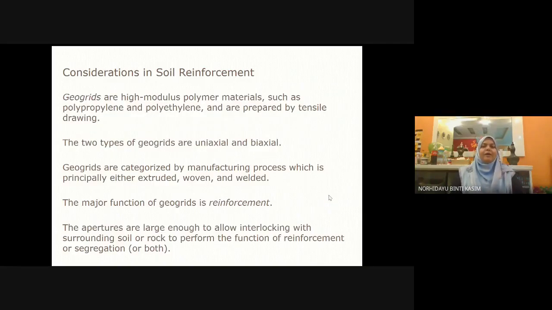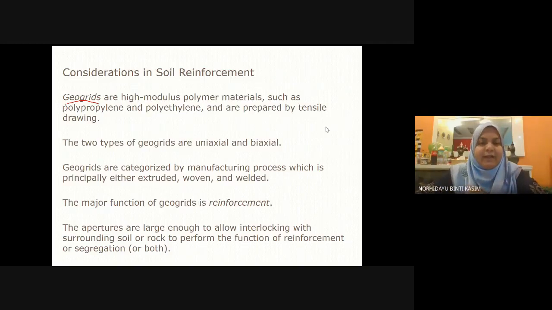So another type of soil reinforcement is the geogrid. Just now we learned about the first one, the metal strip, then geotextile, and the third one is the geogrid. Geogrids are high modulus polymer materials, such as polypropylene and polyethylene, prepared by tensile drawing.